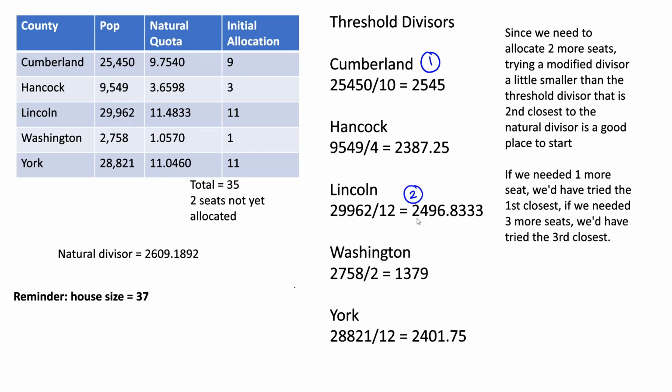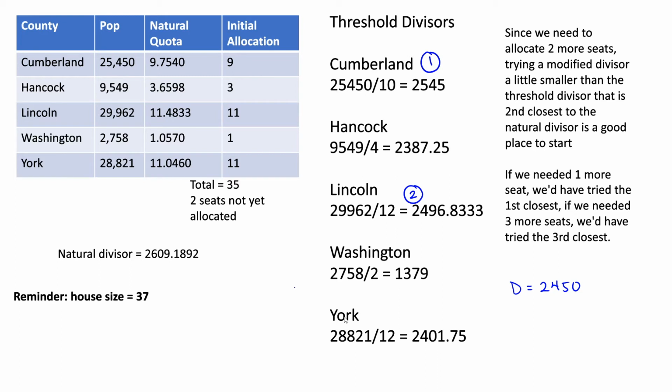Our second closest divisor is 2,496.8333, which is a lot closer to the divisor we had that worked. If you remember from the last video, I believe it was 2,450 was the divisor we had that worked. Now this is a little bit bigger than that. If we go smaller, it can work, but if we were to get as small as 2,401, then York would end up getting an extra seat and it would be too small.